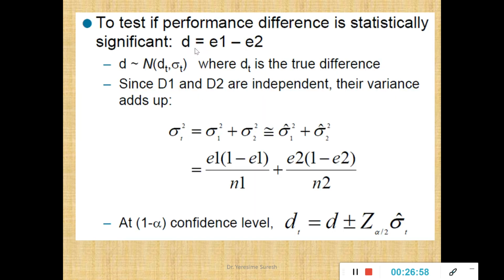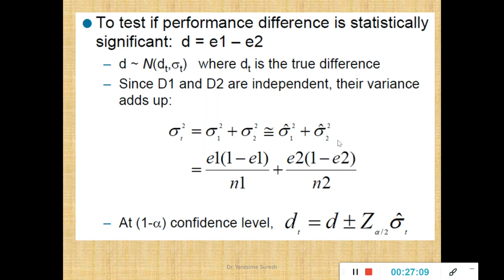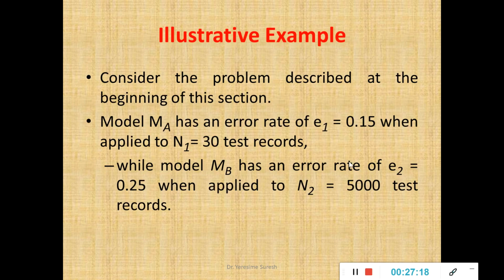I'm supposed to find the observed difference. Observed difference is denoted by D, which is equal to E1 minus E2. So in this case, E1 minus E2 will be equal to 0.15 minus 0.25. D value is equal to 0.1. I am talking about statistically significant, so I will not look at the magnitude value, just E1 minus E2 or E2 minus E1.